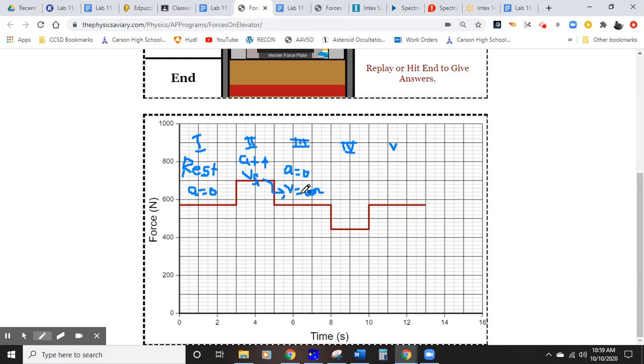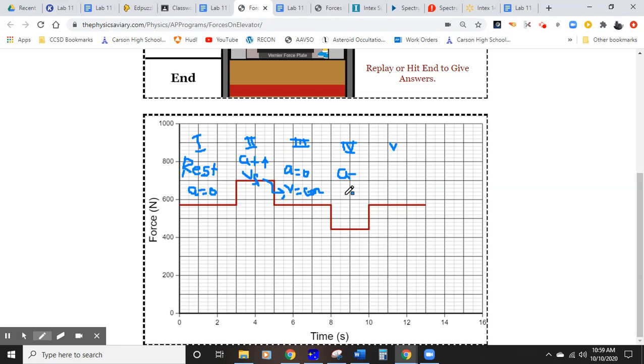So, zero velocity. Now here, notice the person's force scale dropped. So we're decelerating, which means the acceleration here is going to be negative. Now we're still going up, but the acceleration is in the opposite direction.